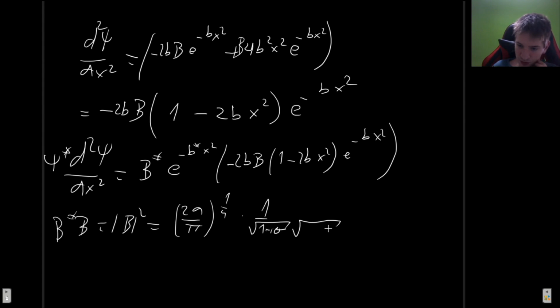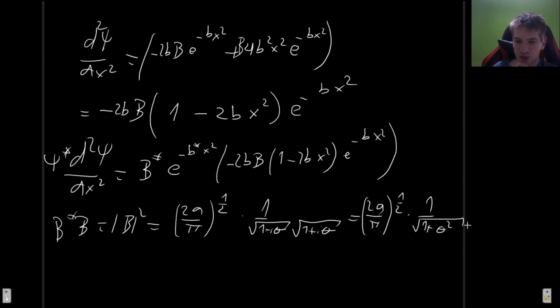So we're going to have the square root of 1 plus I theta, and this will be squared. So instead of being 1/4 power, it's going to be 1/2. So this is just going to be 2a divided by pi 1/2 power times 1 divided by the root of 1 plus theta squared. That is the product of b conjugate b.